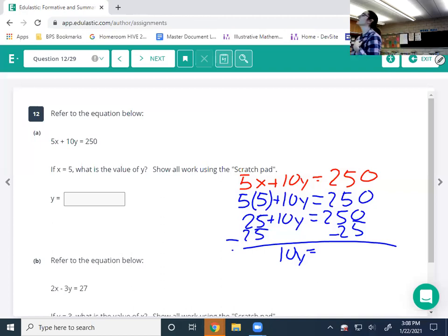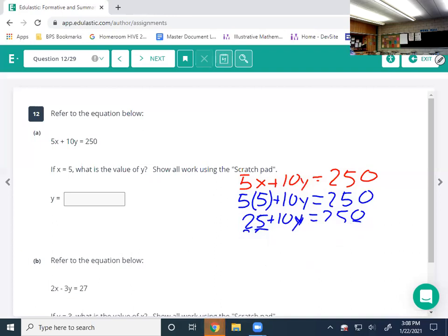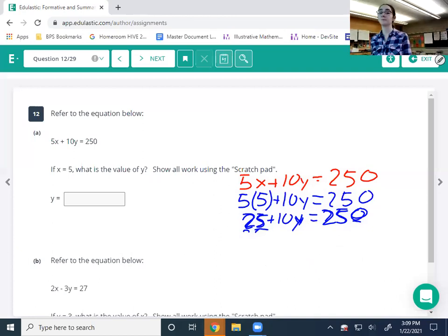Well, look at it, Jaden. Let me go back a step. We have 25 plus 10y, because you plug in 5 for x, is equal to 250. So then what's my step to get the y by itself? What would we do to each side?